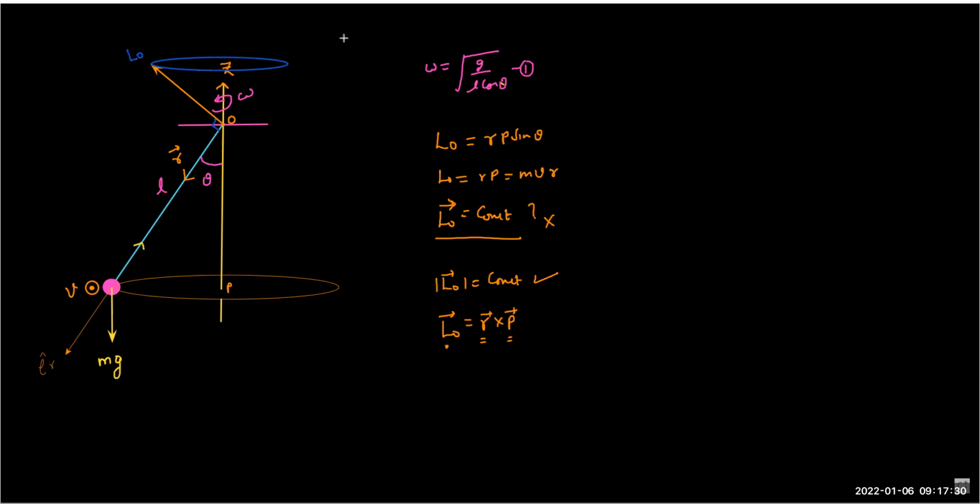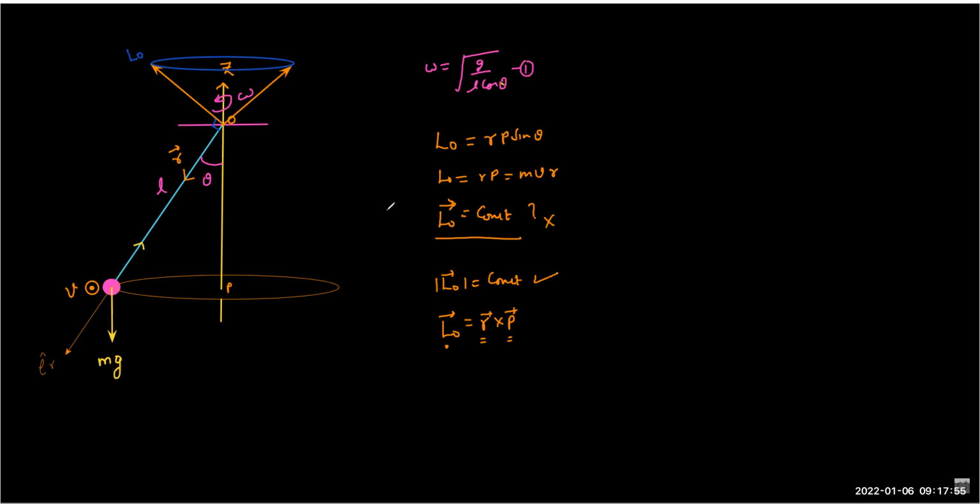And you can see that the length will be the same, no matter what. This is exactly the path of the L naught, and that's why I said the L naught as a vector is not constant. It is constant only as a magnitude.